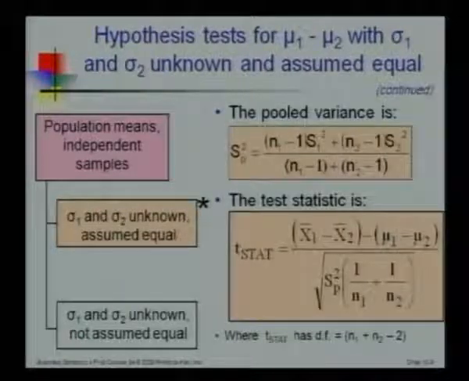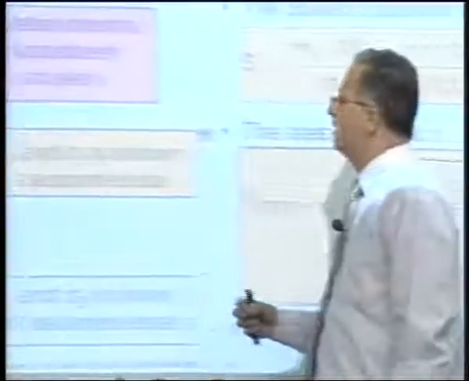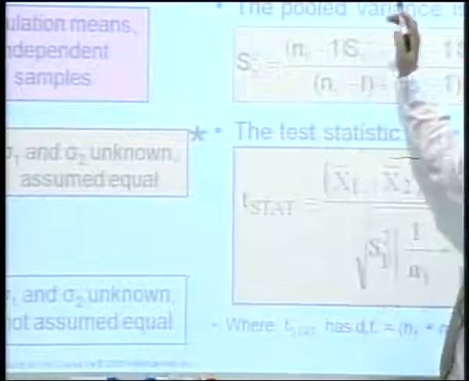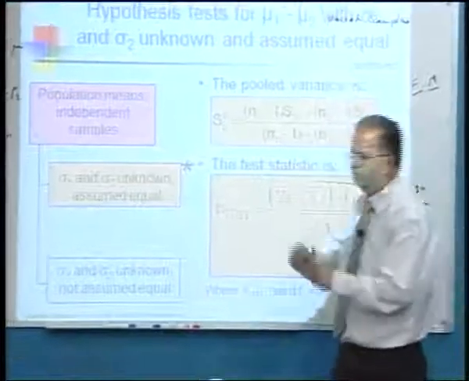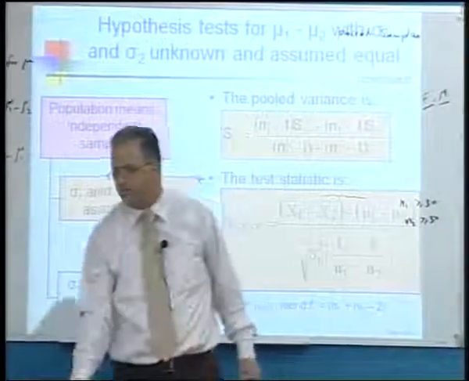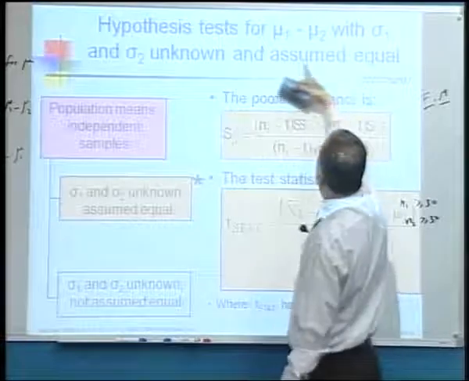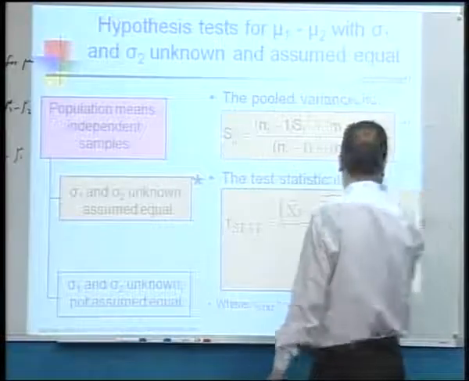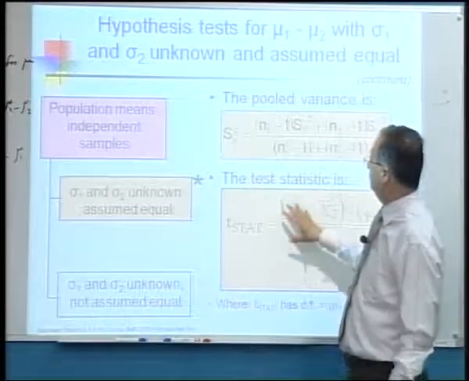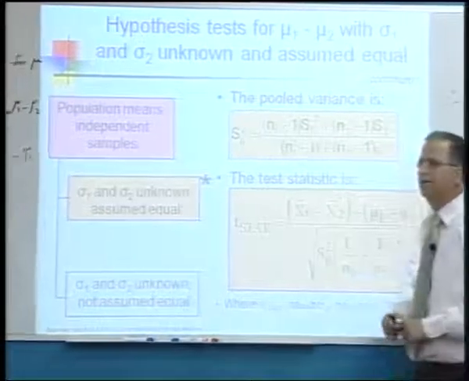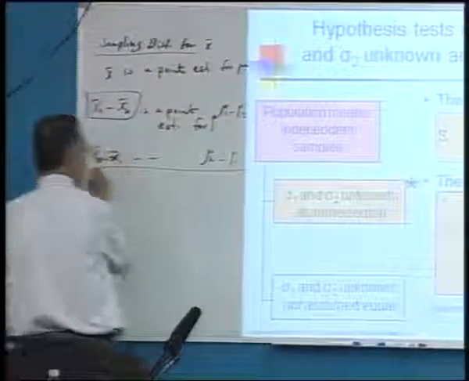Next, let's see how we can state the test statistic. Again, we are talking about testing for the difference between mu1 and mu2, with both sigma 1 and sigma 2 unknown and assumed equal. This statistic is similar to the one we discussed, but there is a little difference.